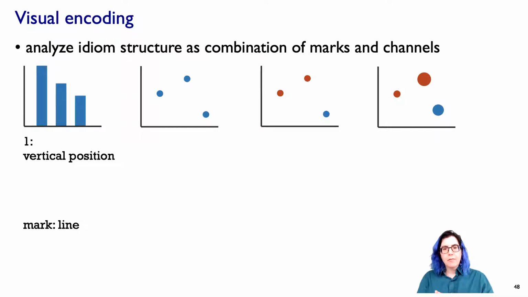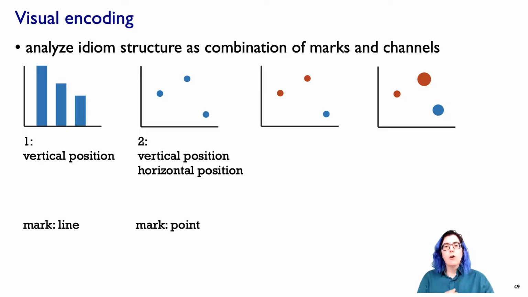Now that we have this vocabulary, let's walk through and analyze the idiom structure as this combination of marks and channels. Let's start with bar charts. We've got line marks, and the channel we're using is vertical spatial position. What about the scatter plot? Well, we have two attributes of vertical and horizontal position, and we're using point marks to show this. If we use lines, it wouldn't work because we're trying to use both of these spatial positions at once.